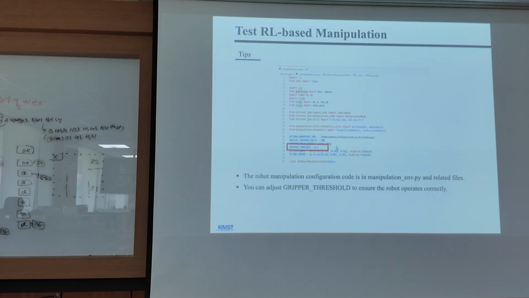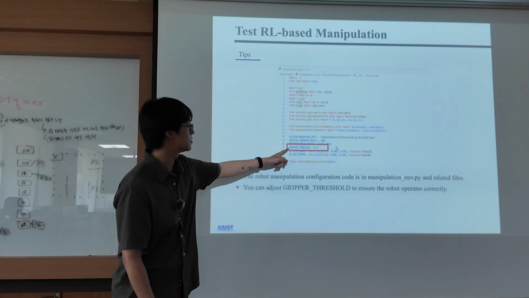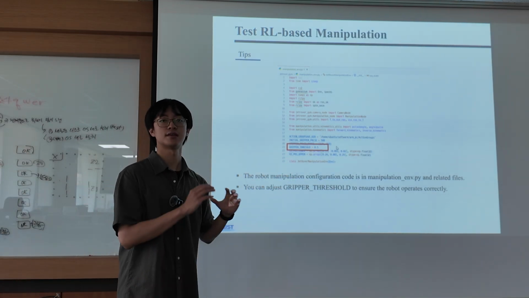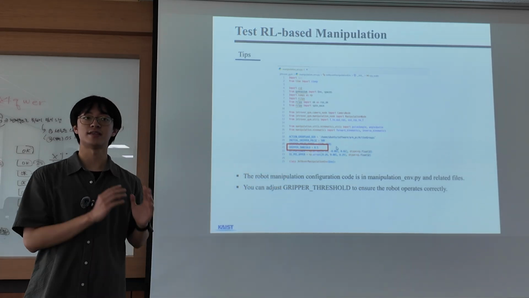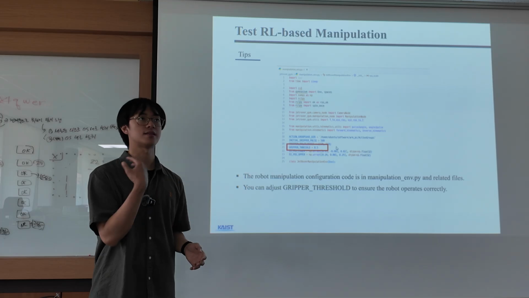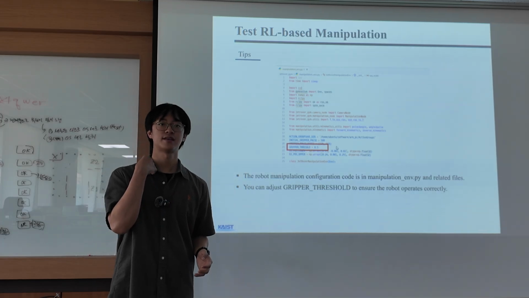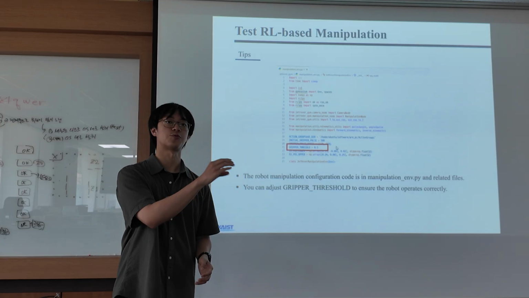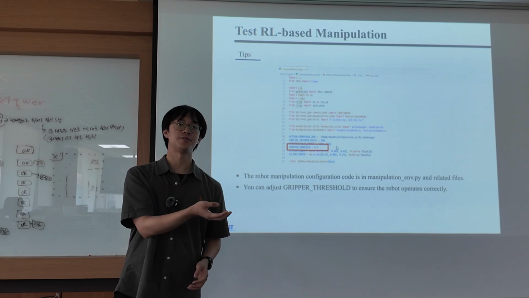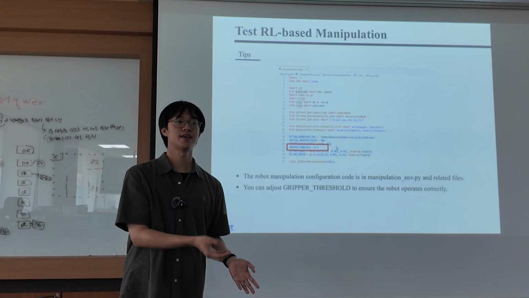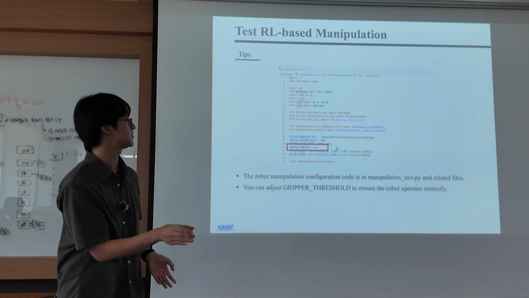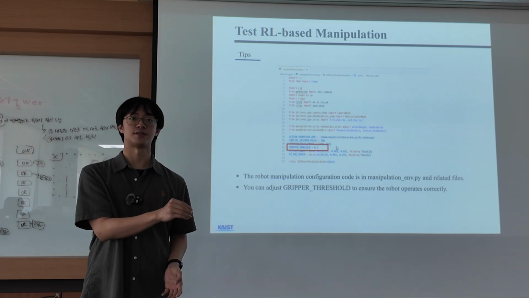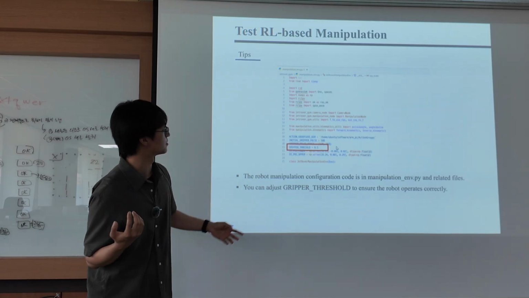And when you read the manipulation inference Python file, there is a hard-coded value for the gripper threshold. If the agent predicts the gripper value, and that value is greater than 0.5, it is coded to open, and less than 0.5, it is coded to close the gripper, or otherwise.